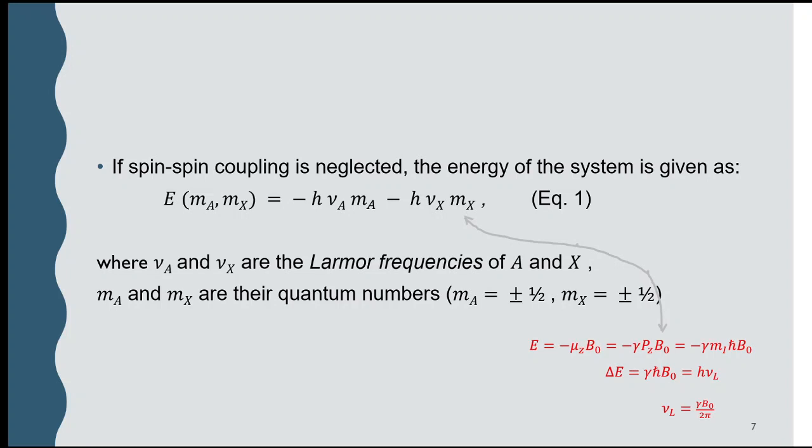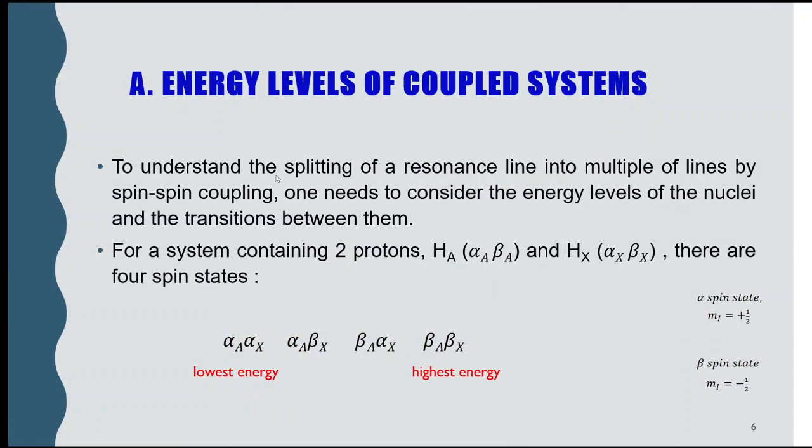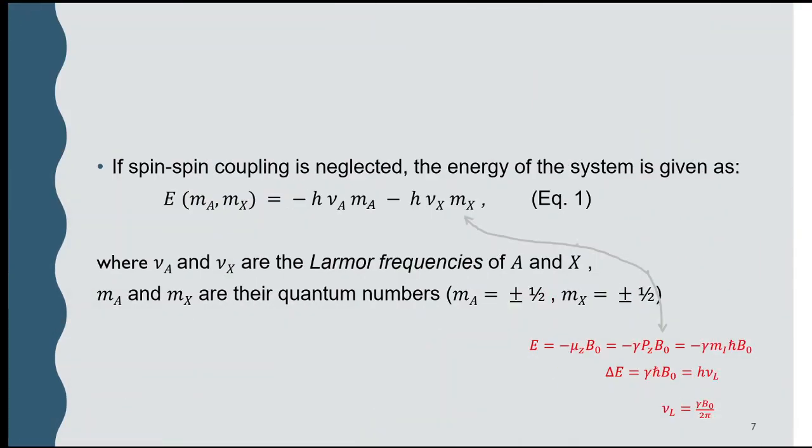So when there is no spin coupling, the energy of this two-proton system is given by this equation.